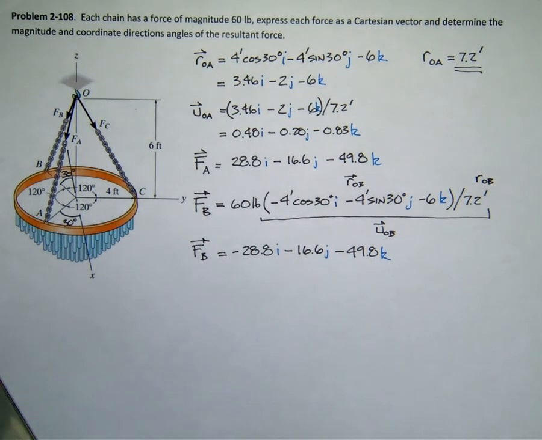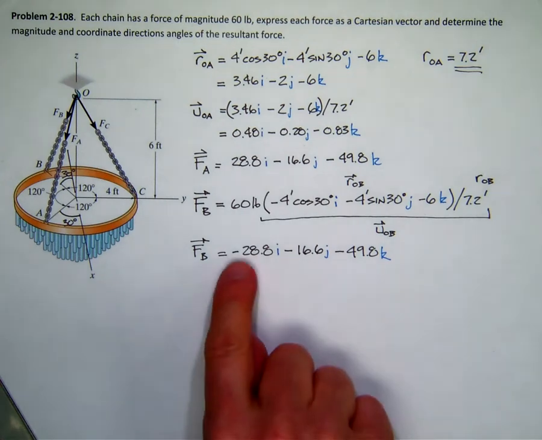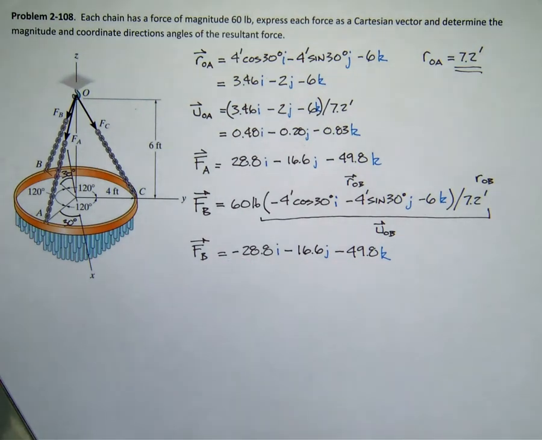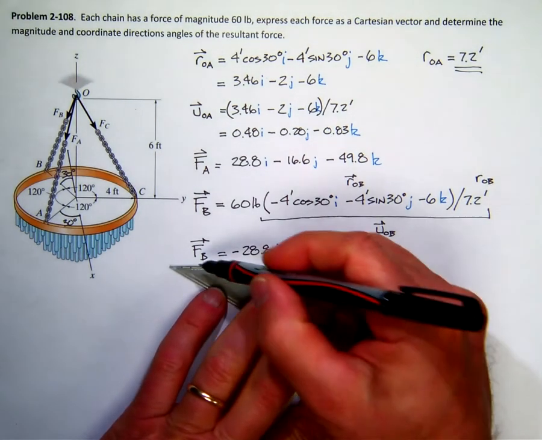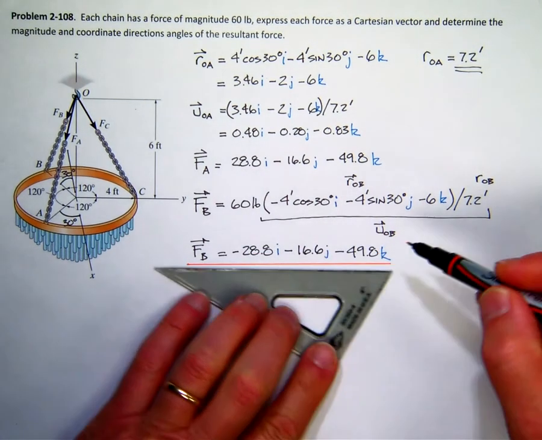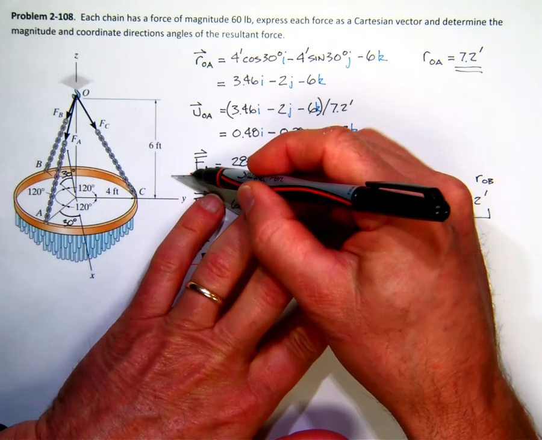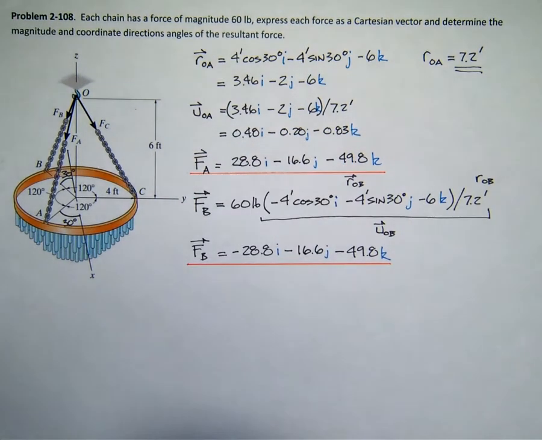Are the calculations working out? So these are all negative. It's getting a little messy here. So there's my force in the B direction, and there's my force into A.